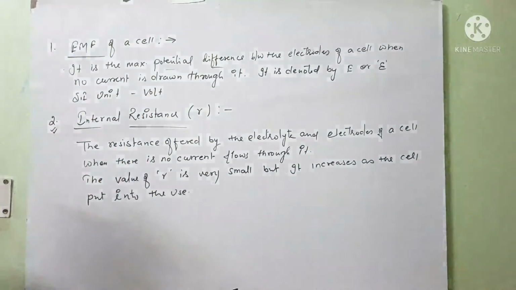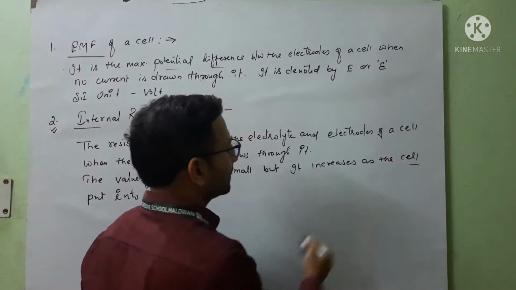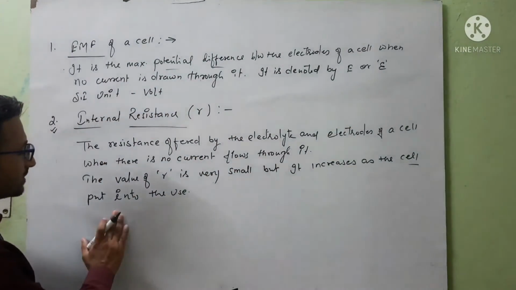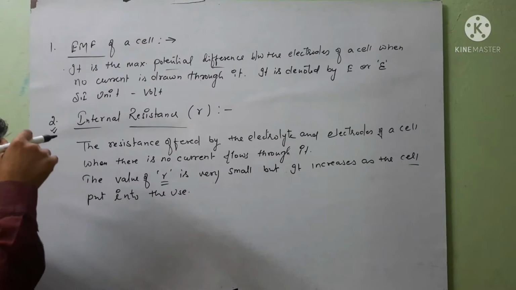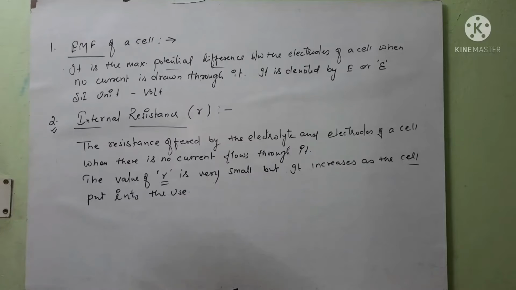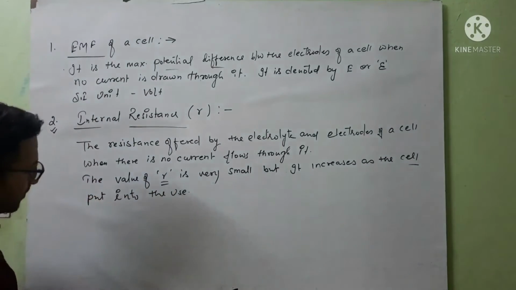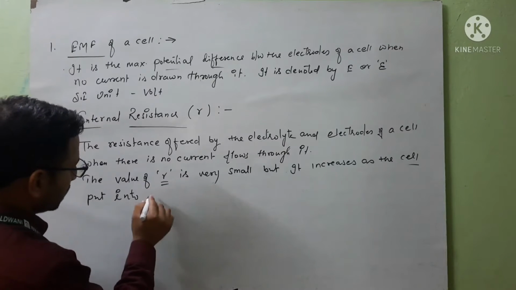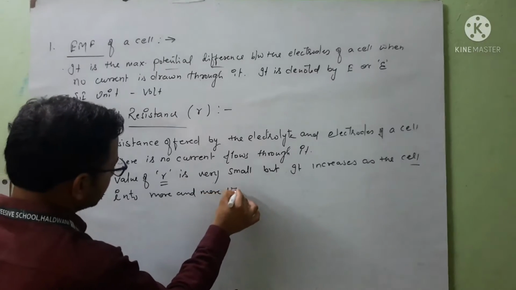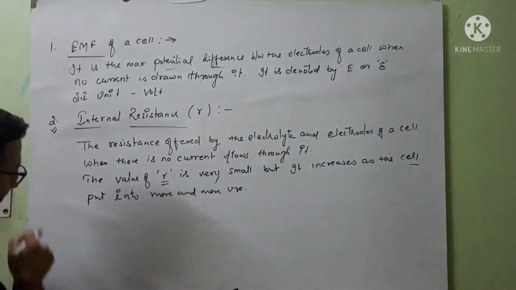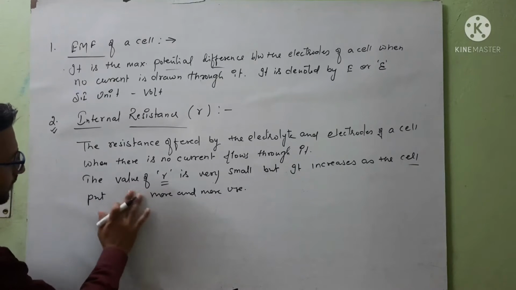If we use the electrical cell more and more, the internal resistance will also increase. So you can write this statement like this also: it increases as the cell is put to more and more use.